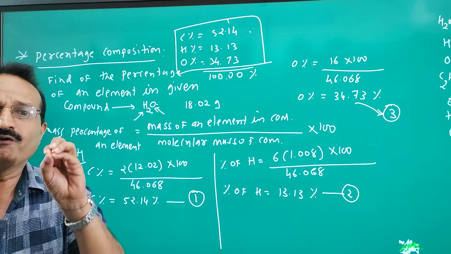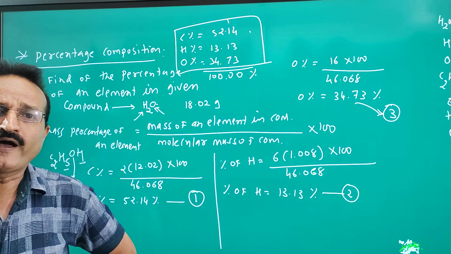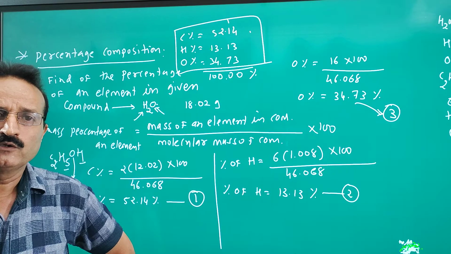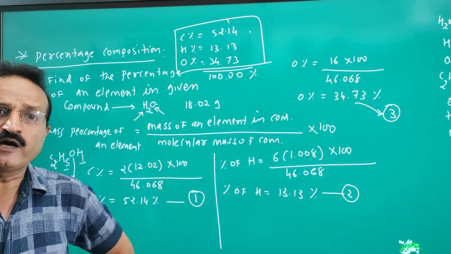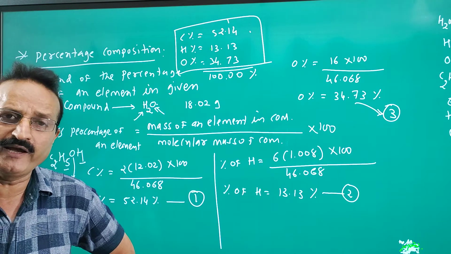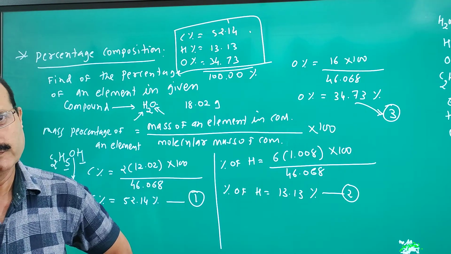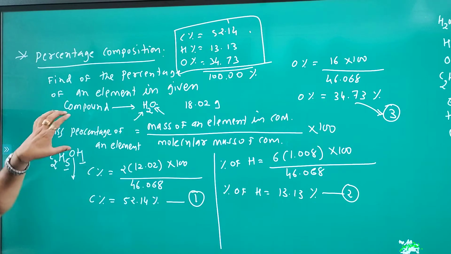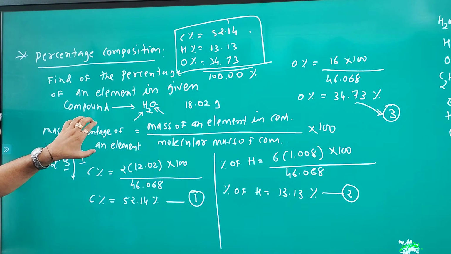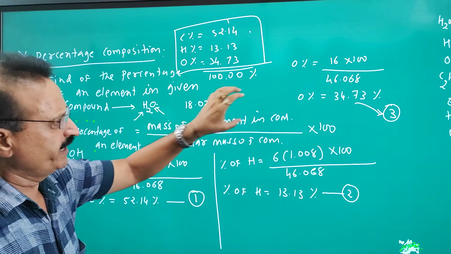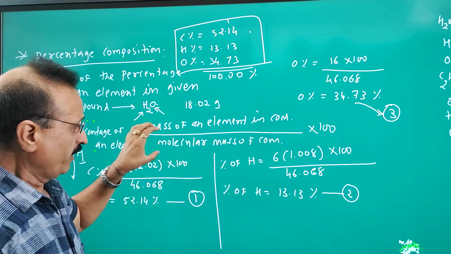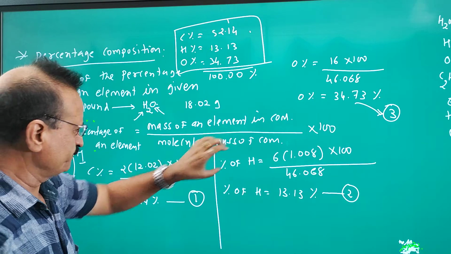Now I am giving 5 examples, 5 sums, as homework. You must calculate the molecular mass and then find out the mass percentage of the element in the given compound. Simple, you have to remember this formula: mass percentage of element equals mass of the element in the given compound into 100 upon molecular mass of the compound.